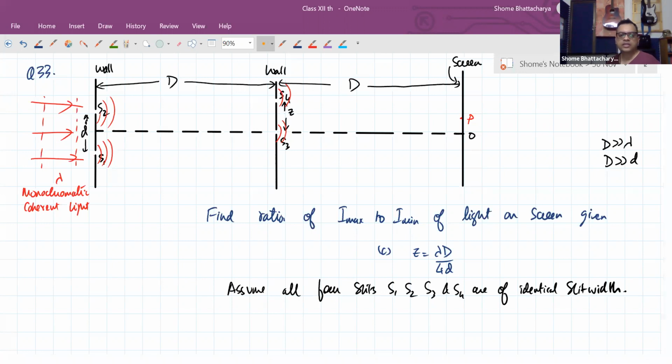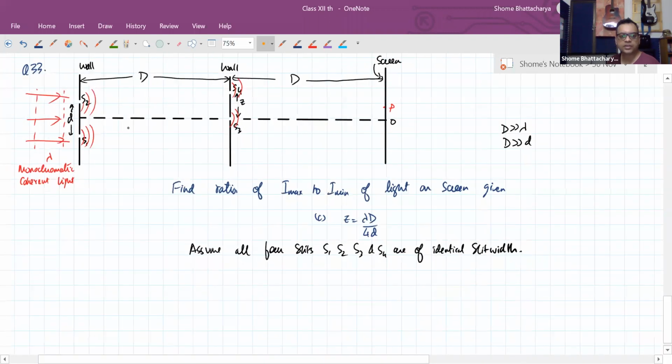So as a result of that, the intensity of light that S1 and S2 individually produce at any point on this wall. Let's call this wall A and this one wall B. Because S1 and S2 are of identical slit width.